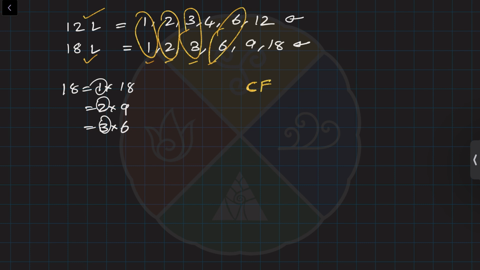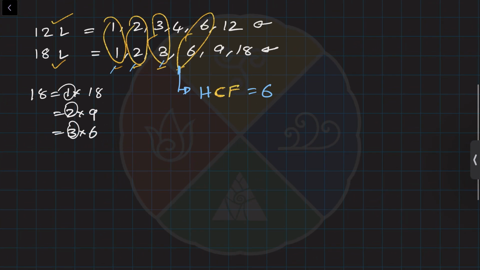Now in the previous question I also told you, the easiest way to find all the common factors is to find the highest common factor, or HCF. In these common factors, the highest is 6. Therefore, that is our value. So we are looking for the HCF, and after finding it, you simply find all the factors of this HCF, all the factors of 6.